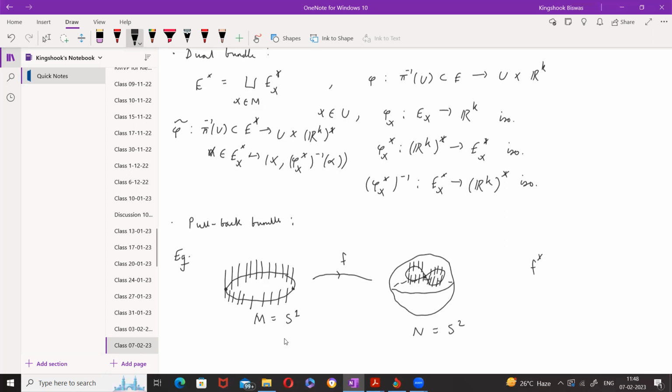Okay, so the fiber of the pullback bundle over X is the fiber of E over Fx. Okay. So is the definition of the pullback bundle clear?